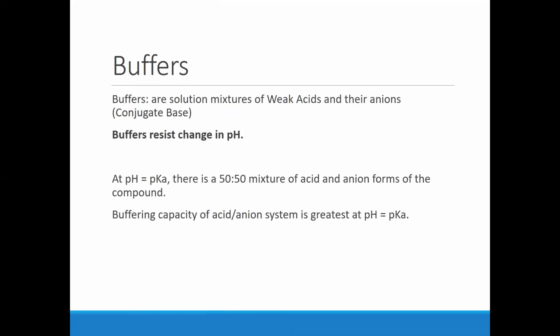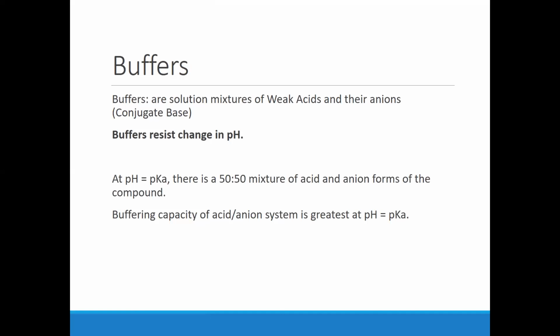Okay, so now let's practice a little bit with the Henderson-Hasselbalch equation. We've talked about generally what pH is, how to calculate pH, what pKa is, what it means about an acid, and how to use pH and pKa to get information about concentration. Now let's talk about the idea of a buffer.